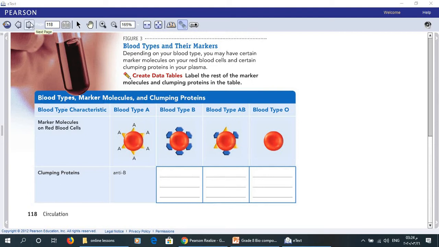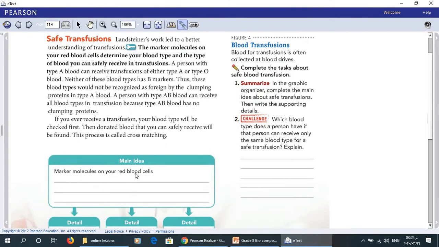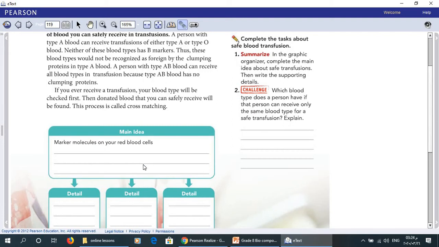Now go to the next page. Here, summary in the graphic organizer here. Complete the main idea about safe transfusion. There write the supporting details here. Marker molecules on your red blood cells determine, of course, the marker on the surface of your blood cells.